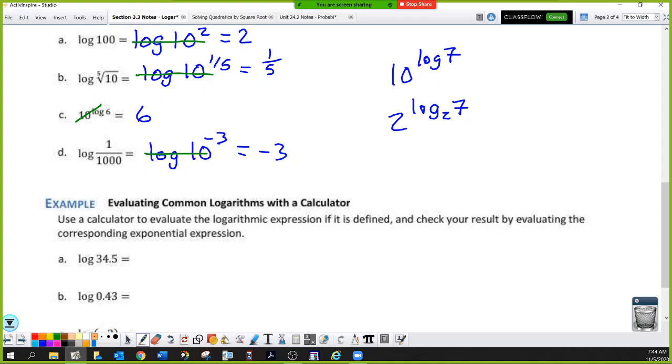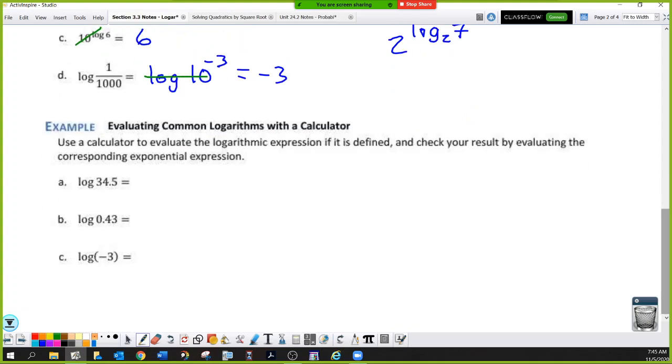So the next 3 examples, it says use a calculator. So you literally just pick up your calculator and figure out what log of 34.5 is. Depending on which calculator you're using, if you're using the battery-operated TI-30XA that you had to use on the FSA, you have to type the argument first. So you would type 34.5 and then hit the log button.